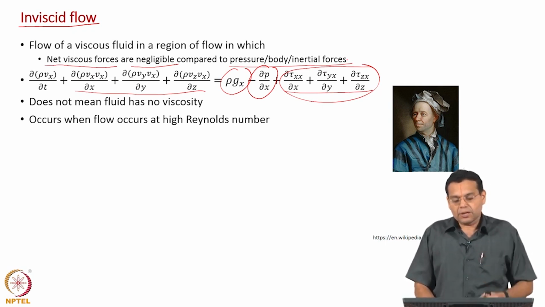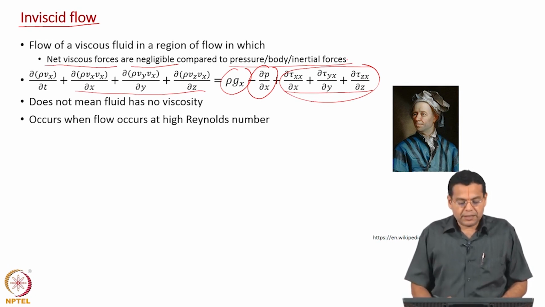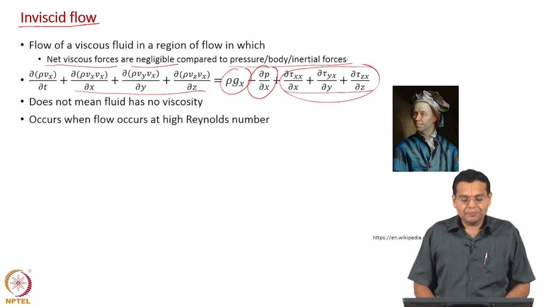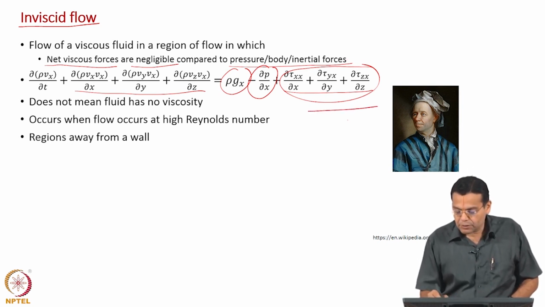At low Reynolds number we have a laminar flow, at high Reynolds number we have turbulent flow. So, inviscid flow occurs under high Reynolds number condition. Okay. Now, next, when we have high Reynolds number, inviscid flow is not present through the entire region.